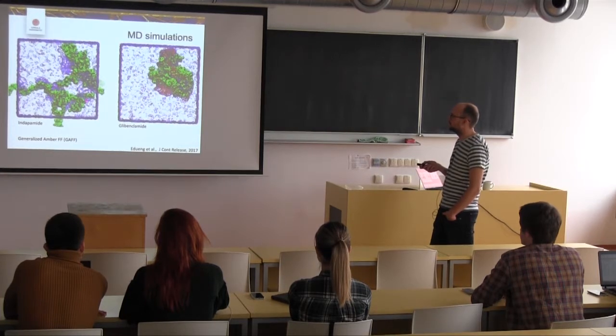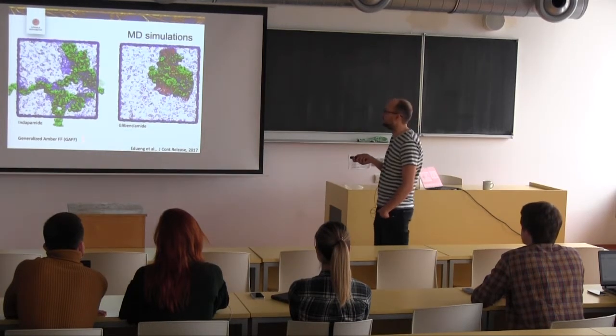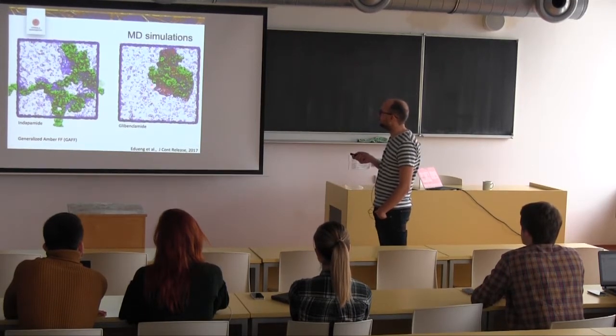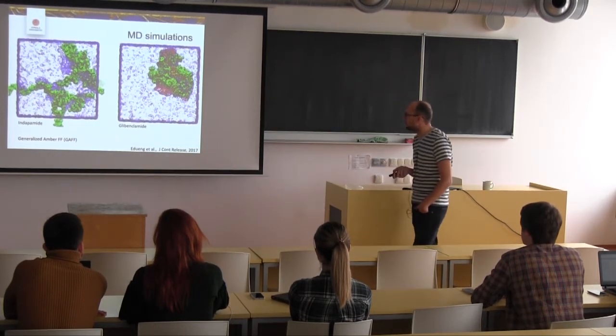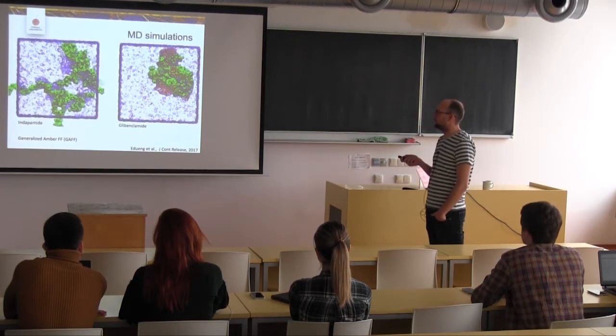It's a bit difficult to see since for some reason we chose to color the drug molecules blue as well, which was in hindsight a very bad choice. But these darker blue areas are the indapamide molecules, and over here again we have the polymer in green, and then we have the glibenclamide molecules in red. So it's a bit difficult to see, and it's not something that you can see from these.